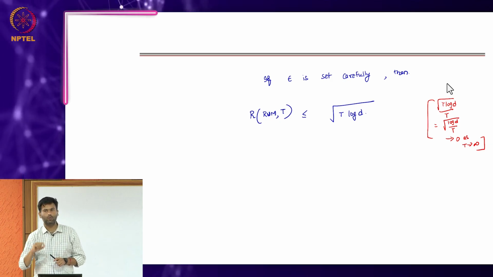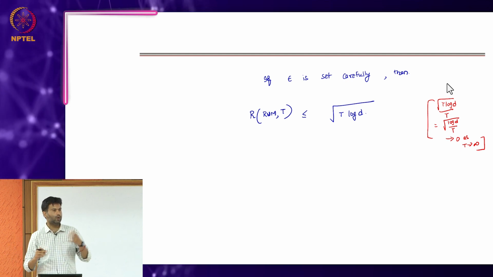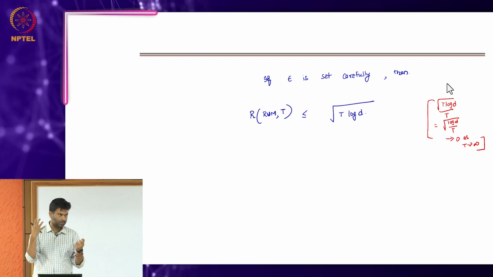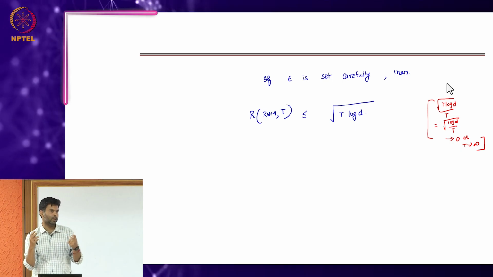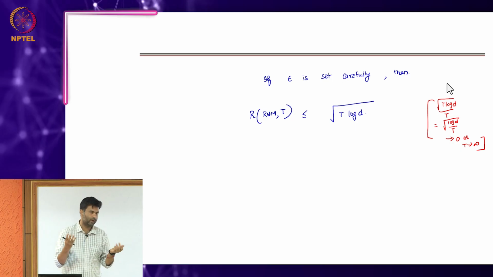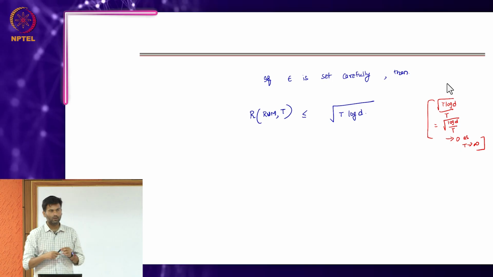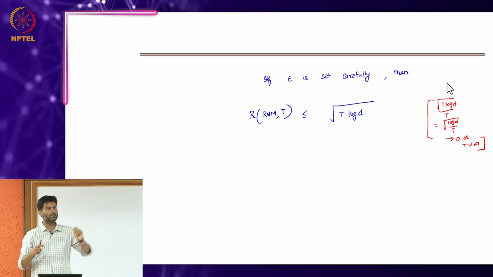So this is a no regret algorithm. As you play this game again and again, how far are you from the best possible person in hindsight? Remember, the best possible expert can change over time. Suddenly after a point of time a different expert catches up and becomes better. This algorithm will still track that person.